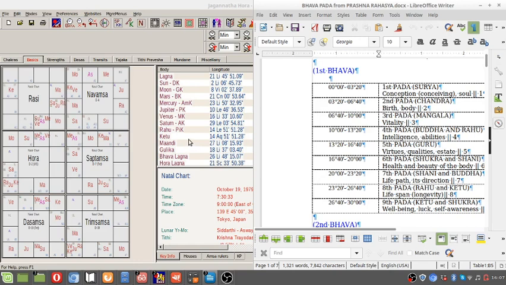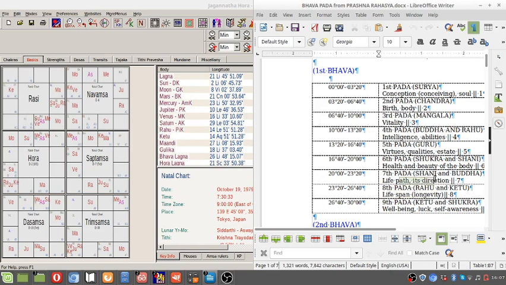Another thing with reading this bhava, we have to see what is the pada from the lagna. The lagna is in the 21st degree, so the lagna is placed in the 7th pada. This is life path and its direction. And now we have to see in which pada from the lagna is the Venus.